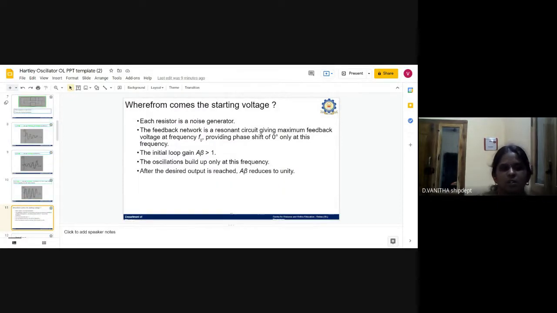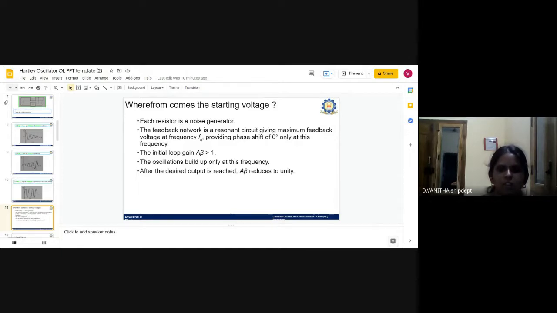For an amplifier, where does the starting voltage come from? Each resistor is a noise generator. The feedback network is a resonance circuit which gives maximum feedback voltage at frequency F0 and provides a phase shift of 0 degrees only at that frequency.